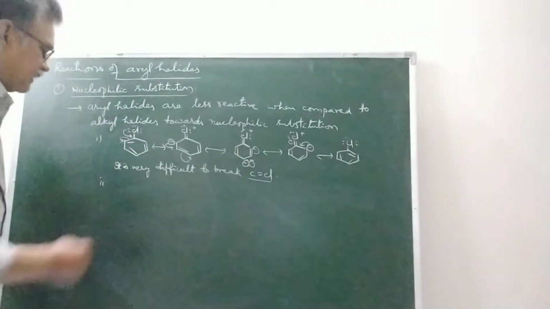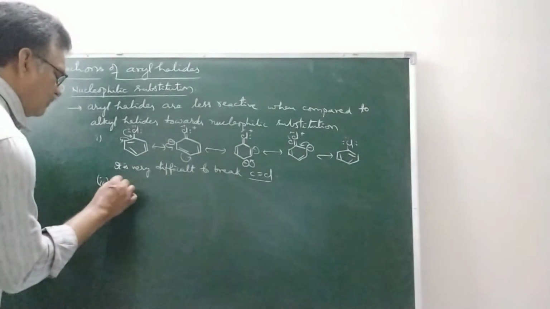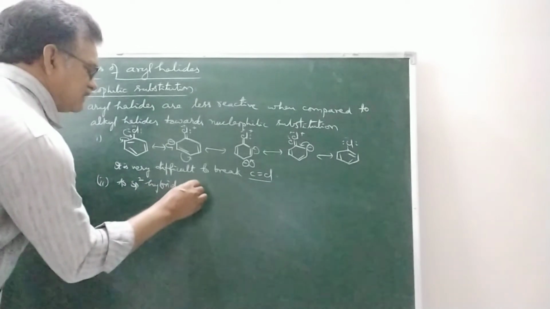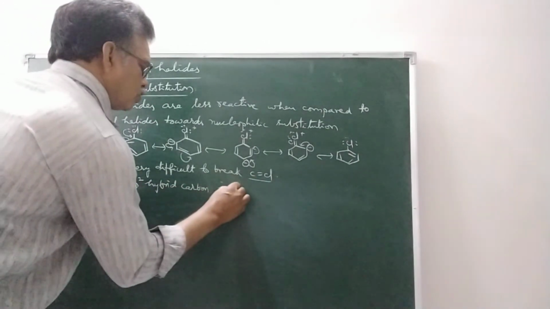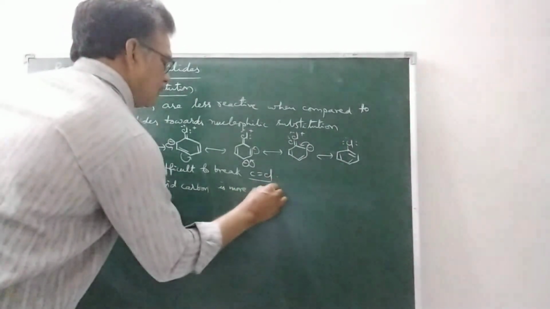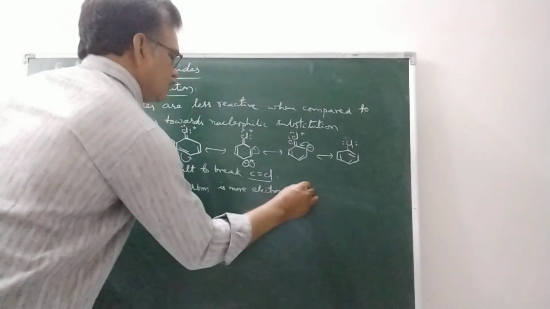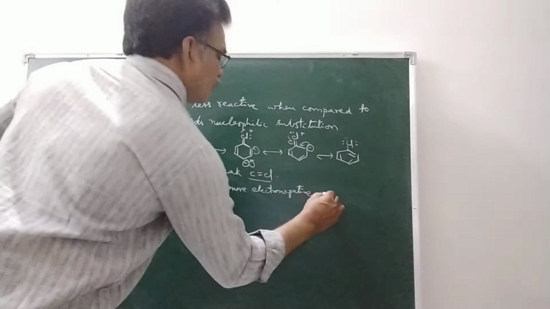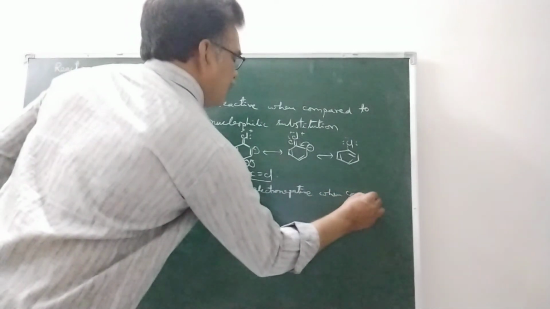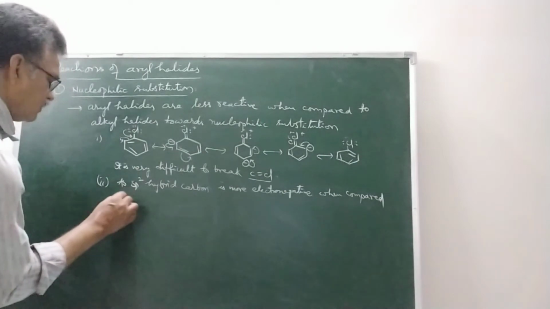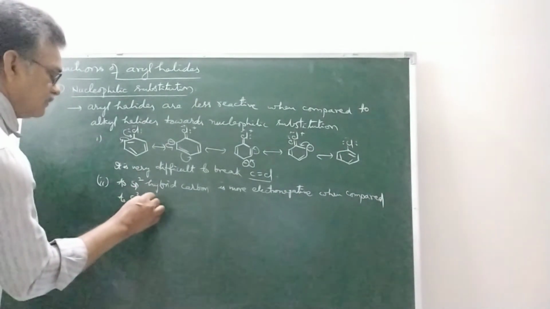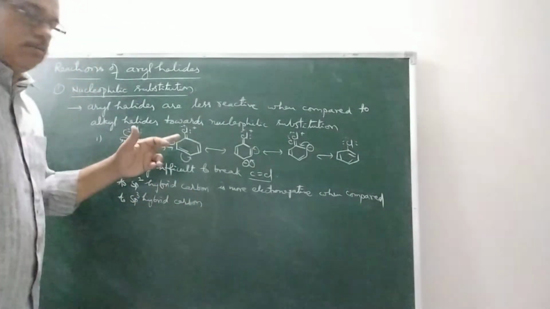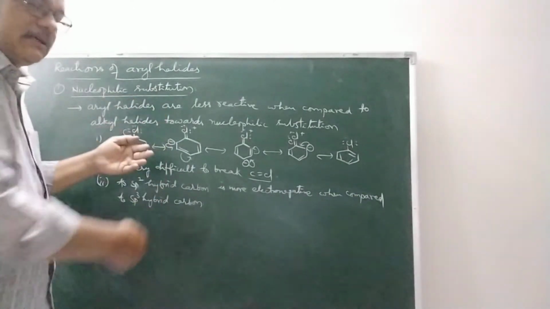Okay, so sp2 hybrid carbon is more electronegative when compared with sp3 hybrid carbon, so it attracts the electron pair.